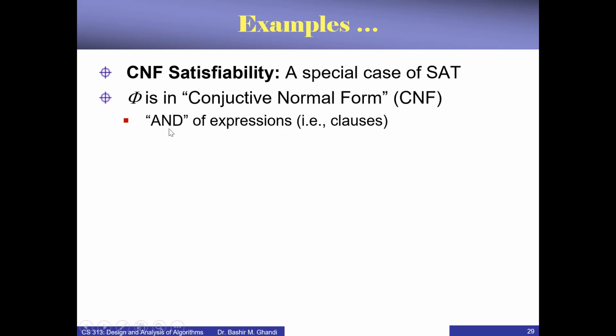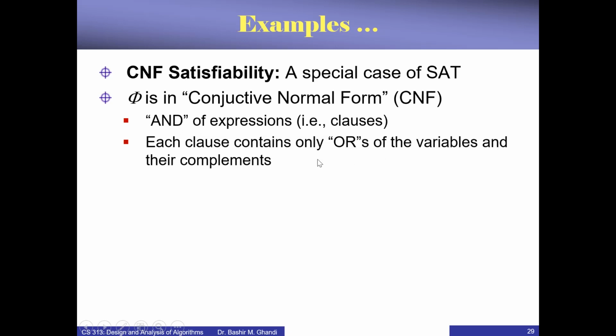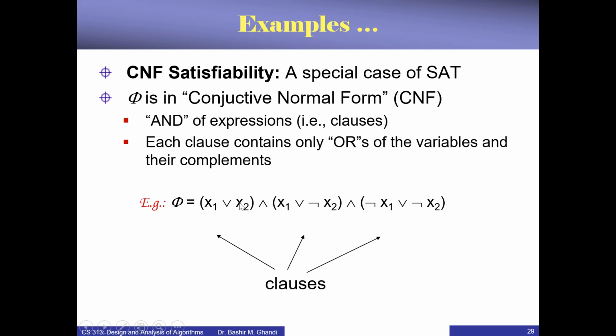Basically, it consists of AND expressions of clauses, each of which contains only ORs of the variables and their complements. This is an example. You can see this is x1 or x2. This is x1 or not x2. This is not x1 or, so there is no and in these brackets. These are called clauses. And now you AND the clauses. So this is called conjunctive normal form.